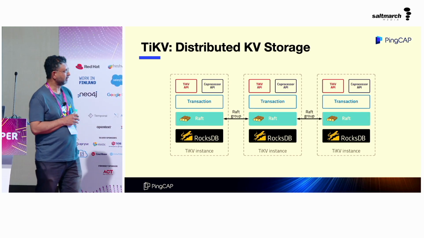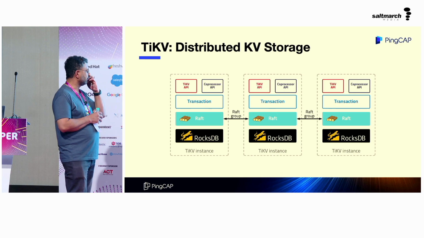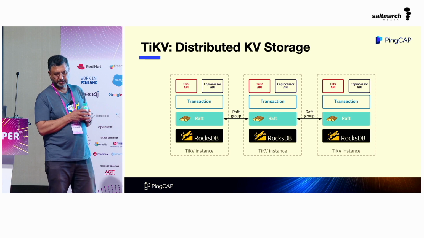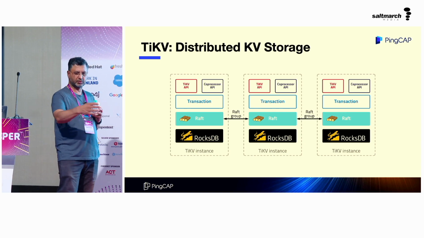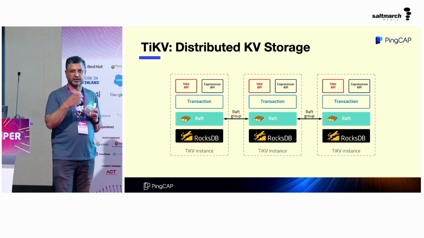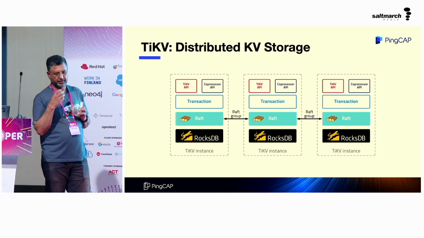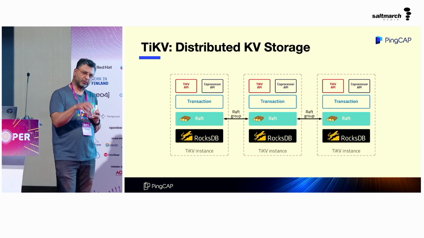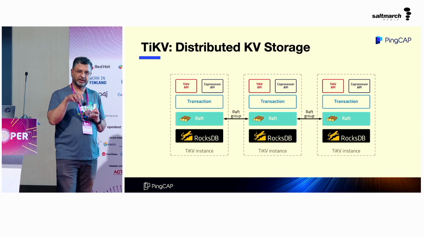It uses raft. It has something called a coprocessor, which is a query push down. In a distributed system, you don't want to fetch individual rows from your storage, because that increases network I/O. It produces a lot of latency. So you want to push the query down to the storage so it works closer to where the data is.